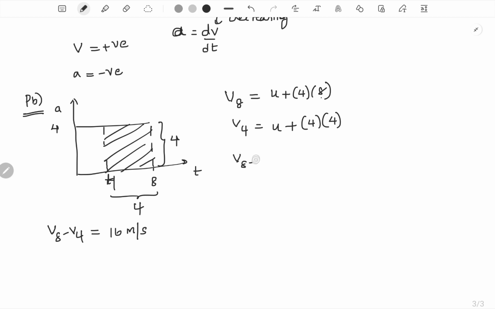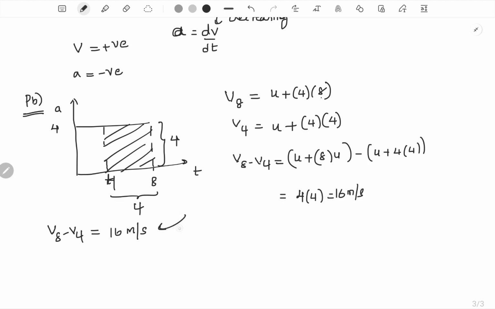Now if I do V8 minus V4, I would get u plus 4 into 8 minus u plus 4 into 4. So this would be equal to 4 into 4, which is equal to 16 meter per second. The same answer as we got graphically.